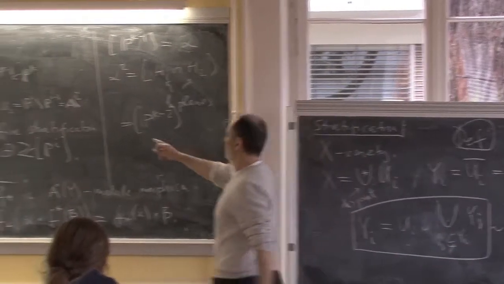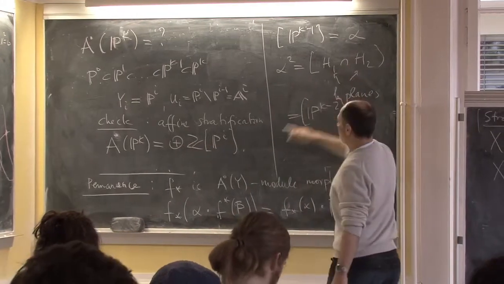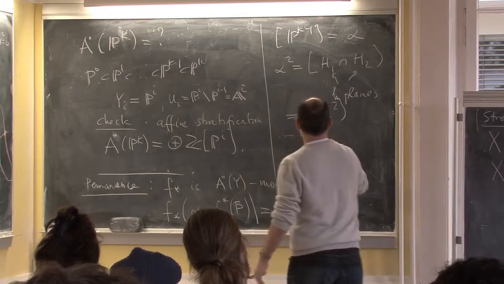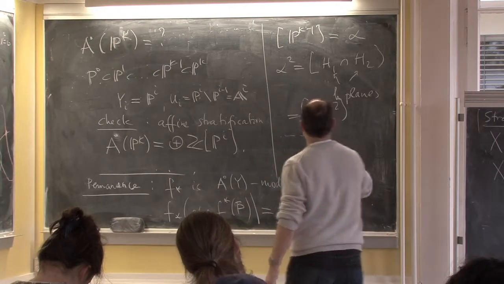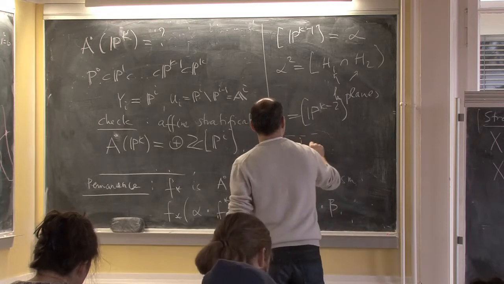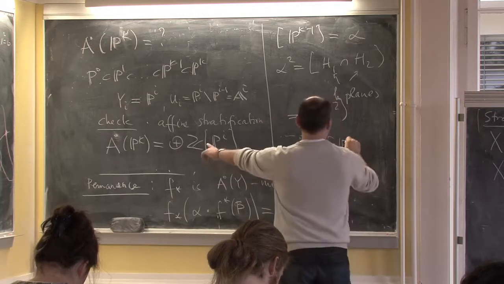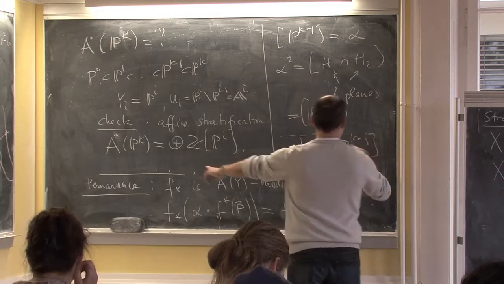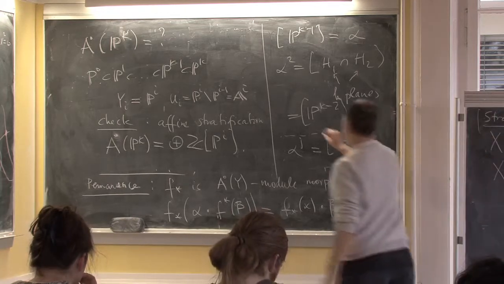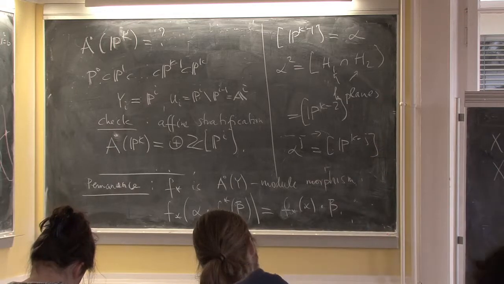And so I can say that this is alpha, and then it's alpha squared, etc. You can continue this to prove that alpha to the j is just equal to P^(k-j), the same way. It's simply linear spaces and linear intersections.